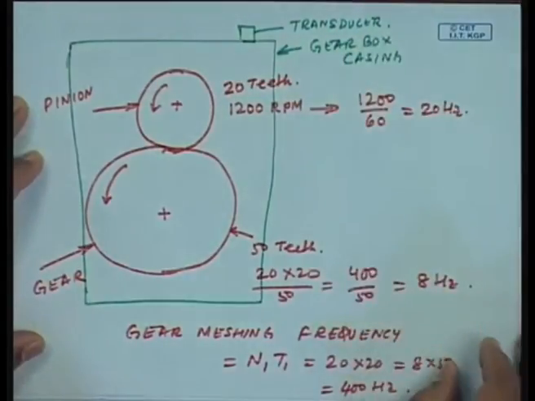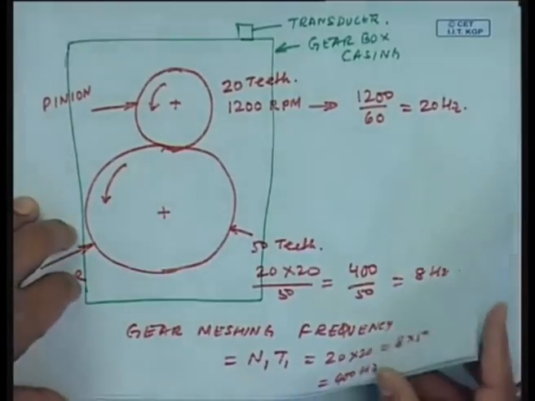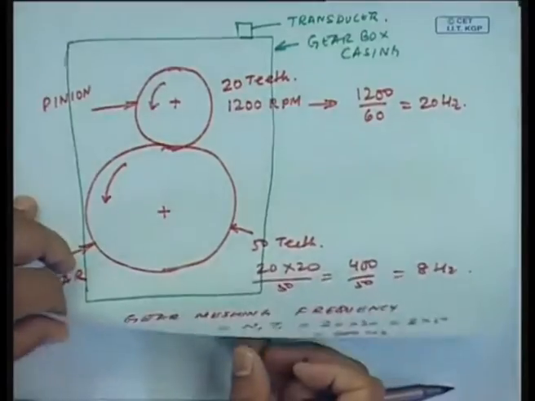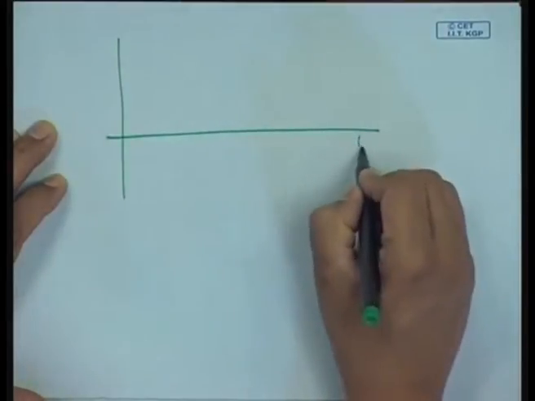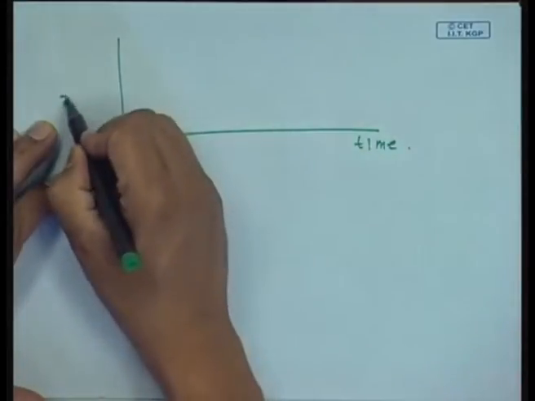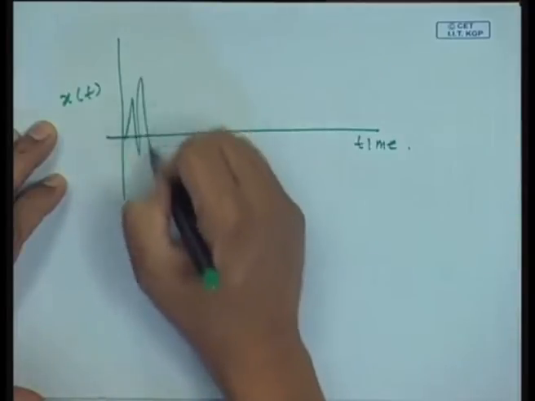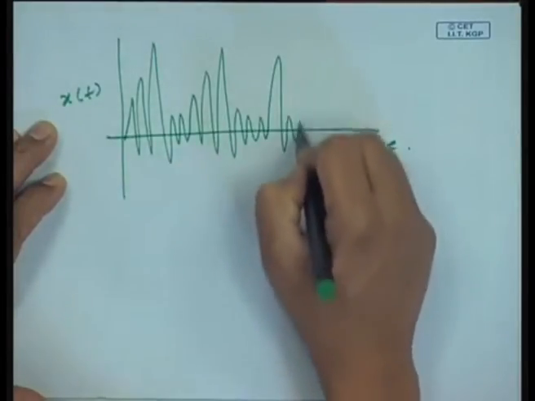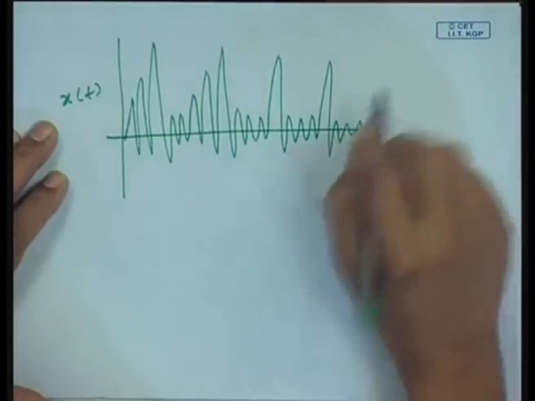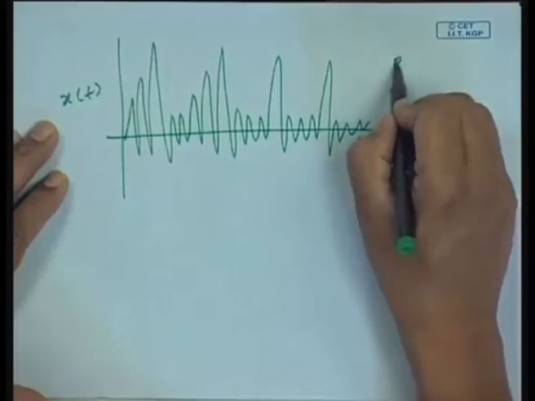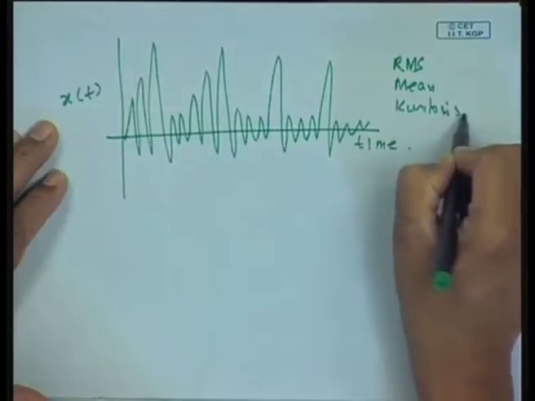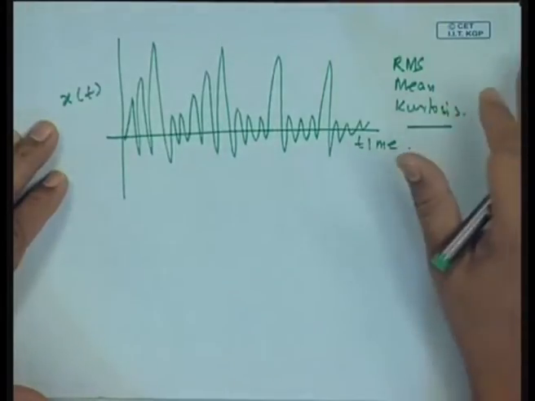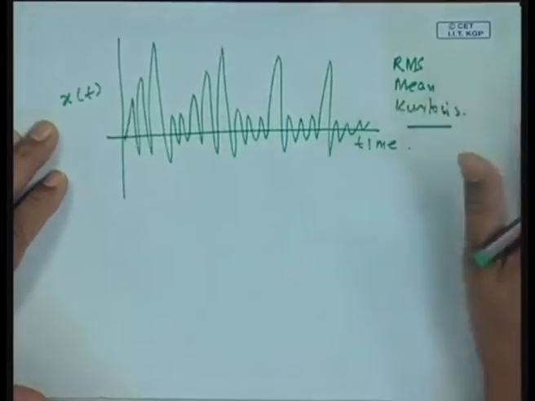To do the measurements. Okay. It may so happen, if I look into the time history of the signal which I have measured, I will get something here, but at most the analysis I do in time domain is I can find out their RMS, mean, kurtosis, etc., but this will only give me a relative measure of the strength of the signal and that is all.